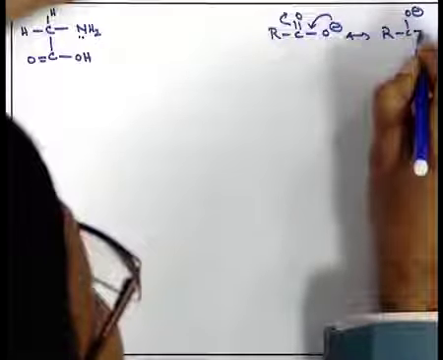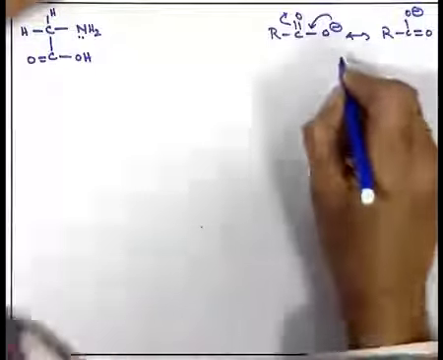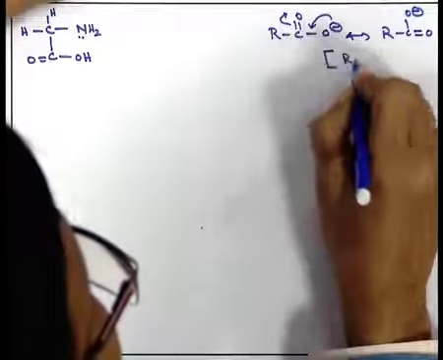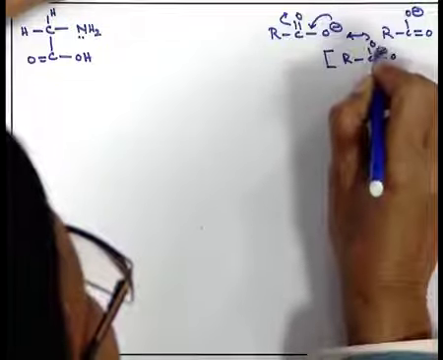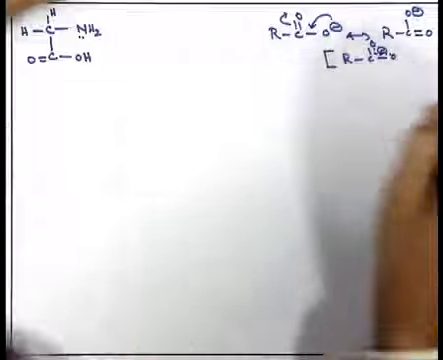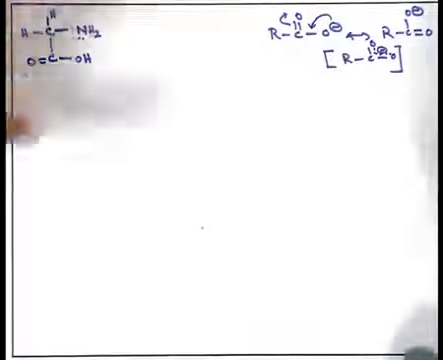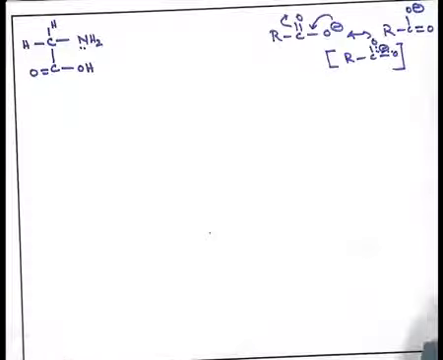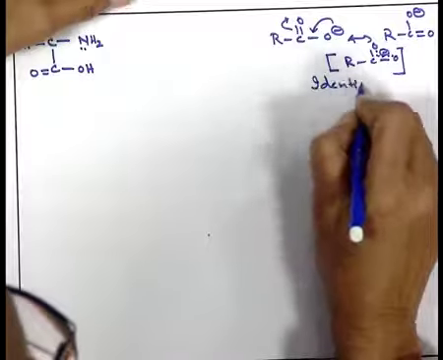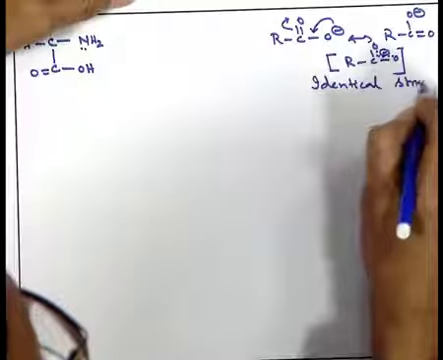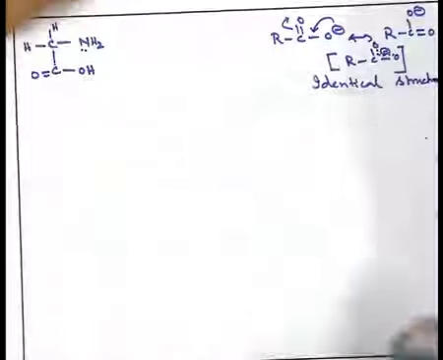the resonating structure like this. So, the resonance hybrid should be written in a way that the negative charge is delocalized over the whole region. We cannot identify which oxygen is keeping the negative charge for how long, it is delocalized. So, the more identical structures, which is a very important term, the more the stability.